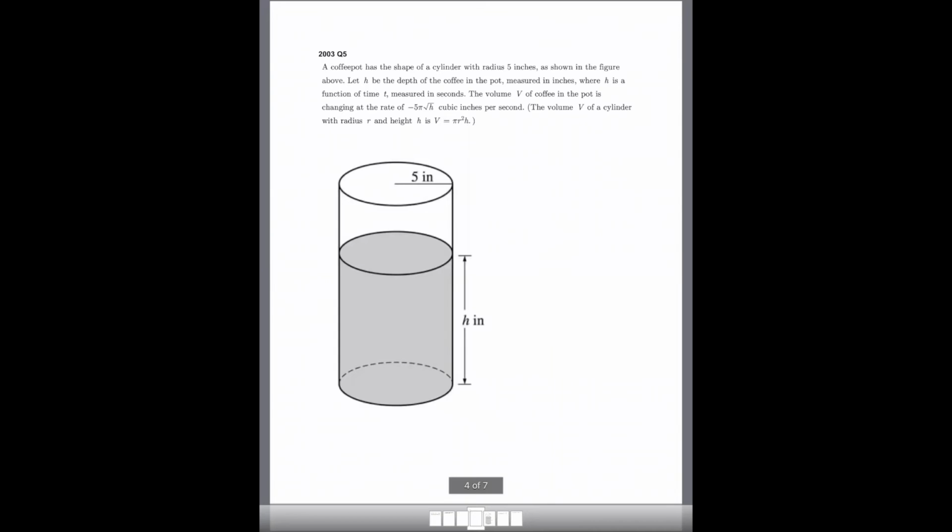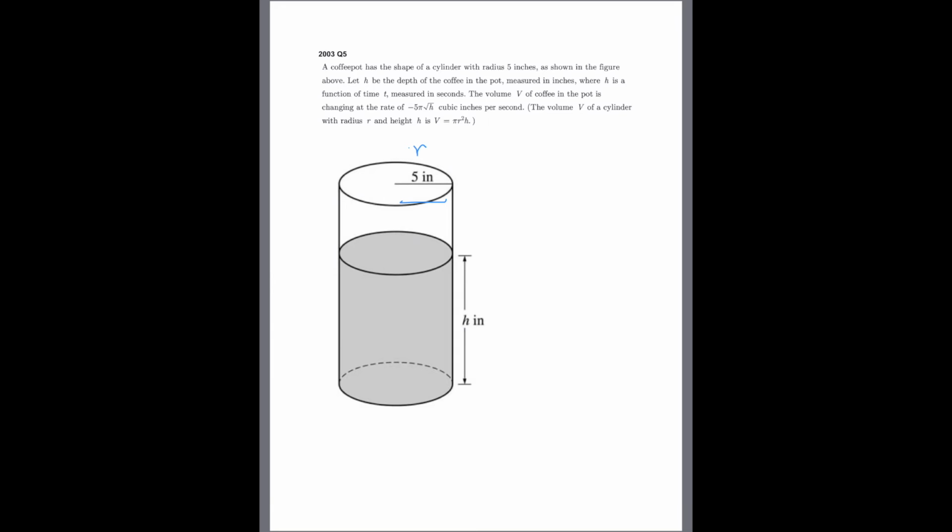So the coffee pot has the shape of a cylinder with radius 5 inches, and it indicates that on the diagram right there. That's R. And as shown in the figure above, let H be the depth of the coffee in the pot, and H can also be interpreted as height, essentially, measured in inches, where H is a function of time t.